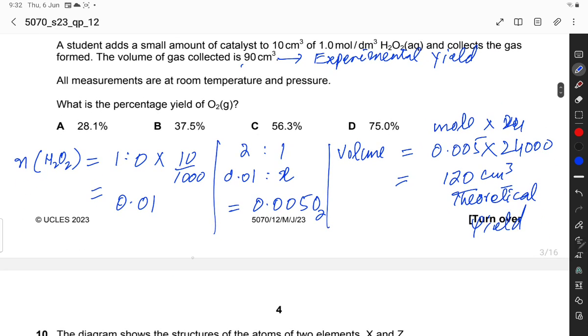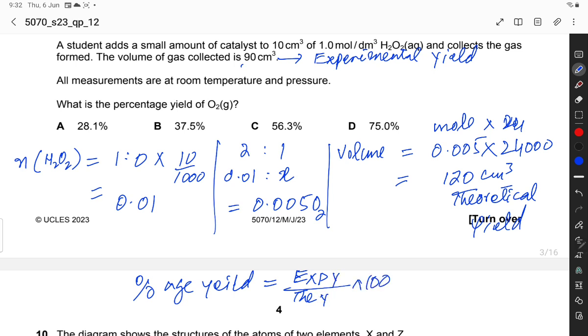Now percentage yield is equal to experimental over theoretical times 100.